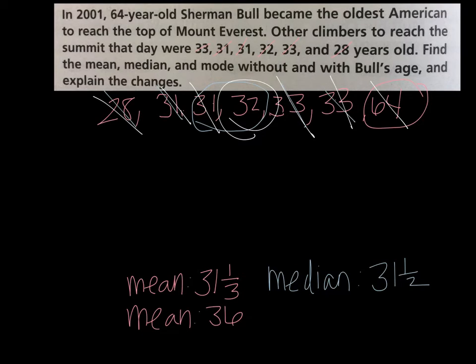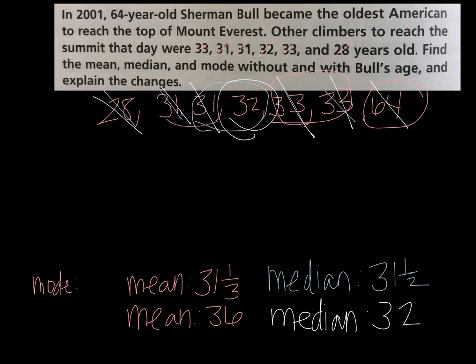So now my median is 32. So that just rose by half a point. And then if we did our mode, mode without his age, I have two 33s and two 31s. 31 and 33.